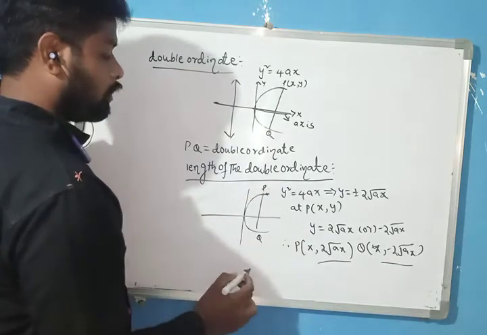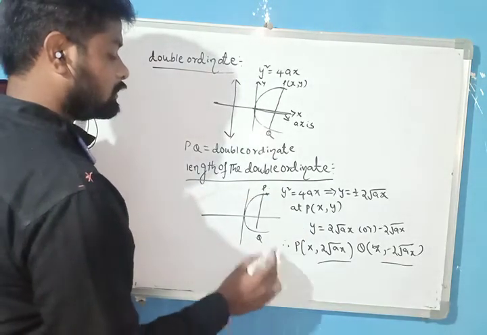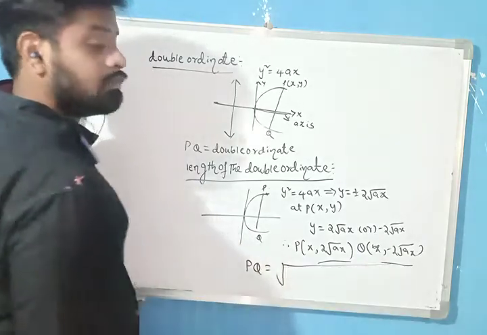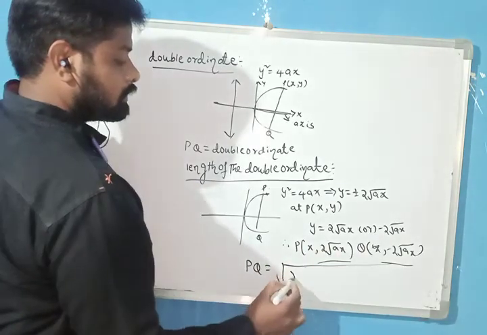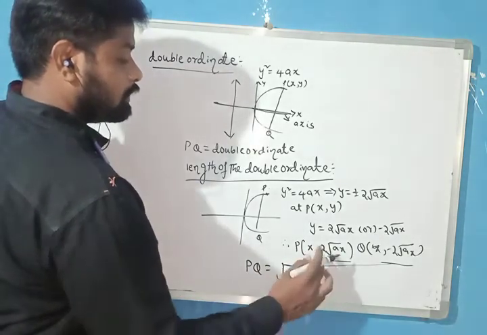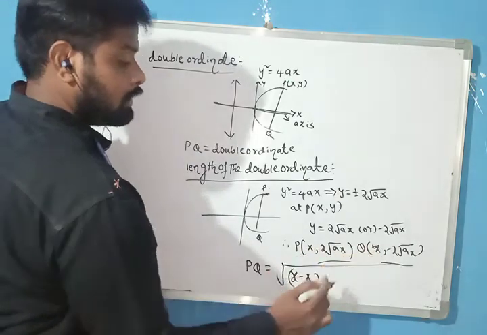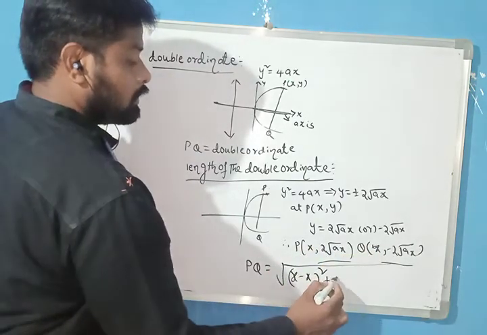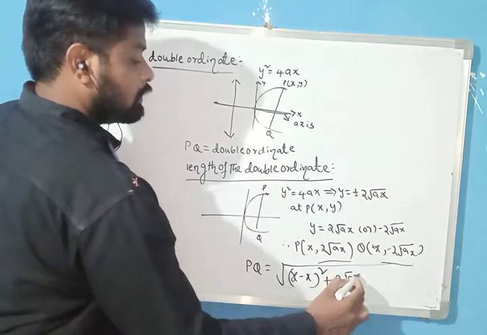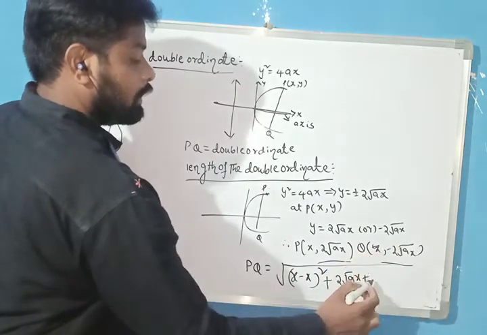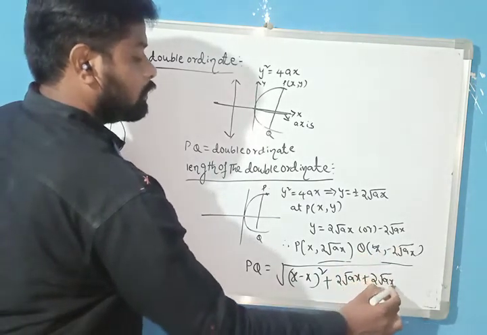The length of the double ordinate, PQ, equals how much? Length is nothing but the distance between two points formula: x1 minus x2 whole square plus y1 minus y2 whole square.